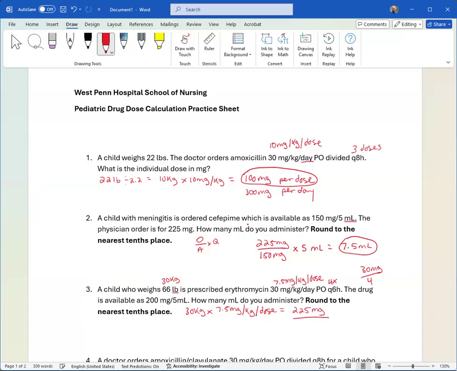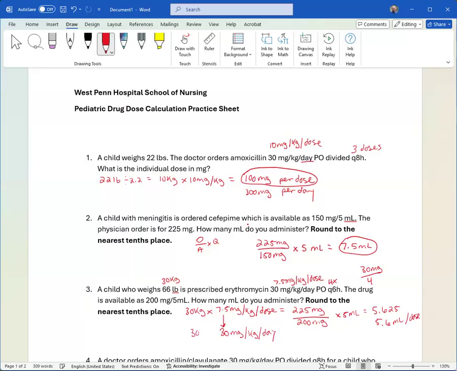milligrams per dose. And then my available is the 200 milligrams and the 5 ml. So per dose, I'd get 5.625, and then I would round that to 5.6 milliliters. That's per dose. If they wanted to know the per day, I would just follow the same format, but I would say 30 milligrams per kilogram per day.